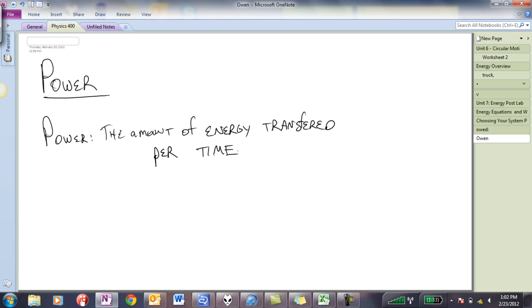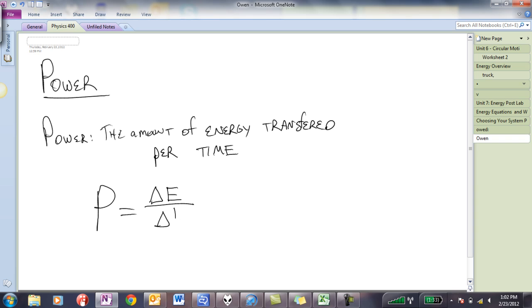So you can look at that definition and you can actually get the equation straight out of the definition. Power is equal to the amount of energy transferred, aka delta E over delta T. So you'll see that that is change in energy per change in time.